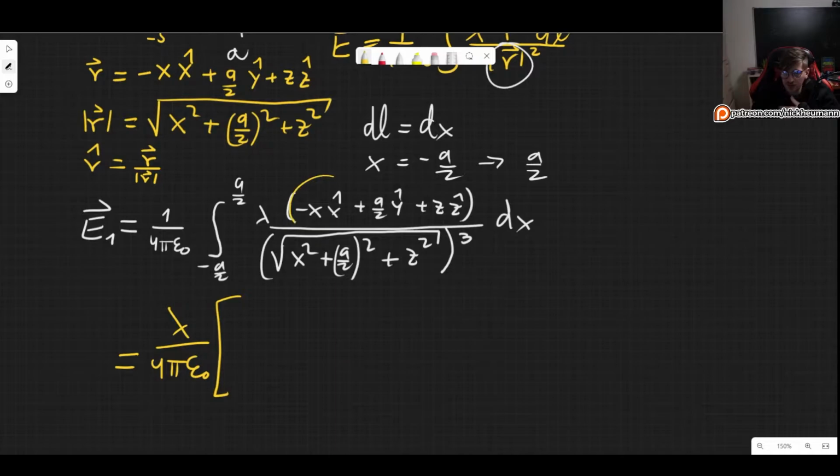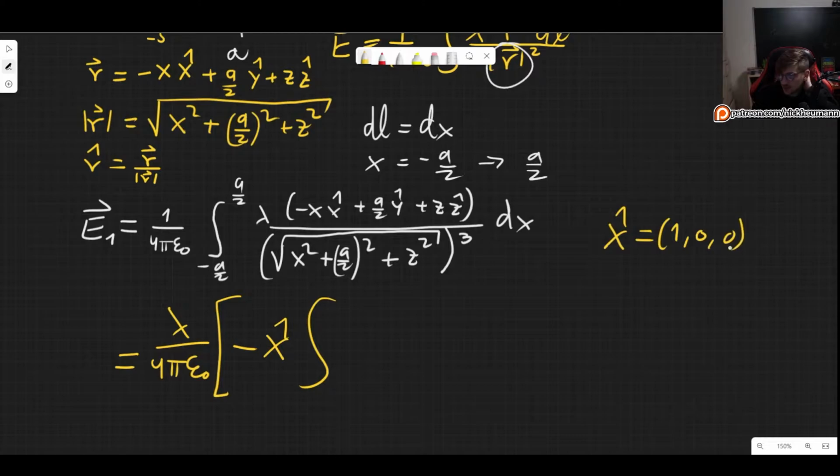So first, the part that does have things that depend on x. So we take minus x hat out of the integral. This x hat is simply a constant vector. It is 1, 0, 0. So it doesn't depend on x, so it is not affected by an integral in the x direction. So this is from minus a over 2 to a over 2.